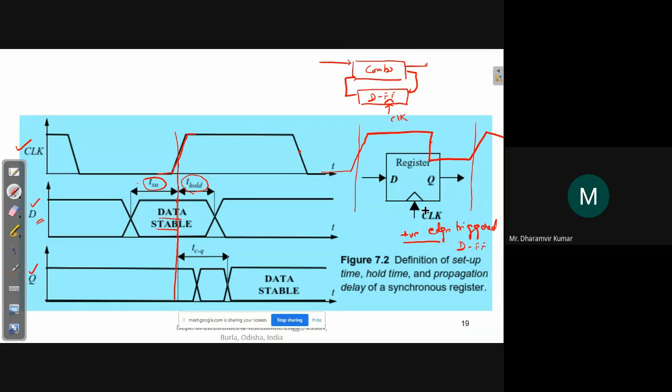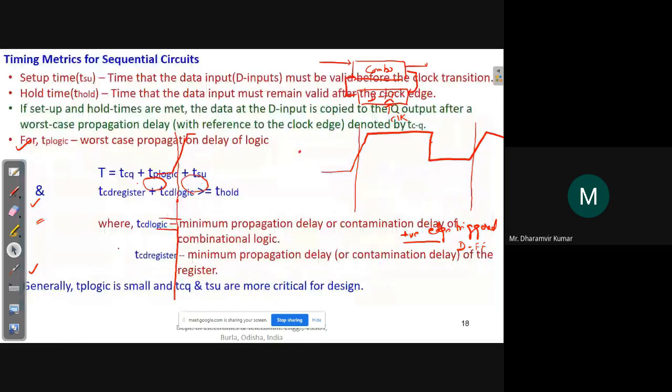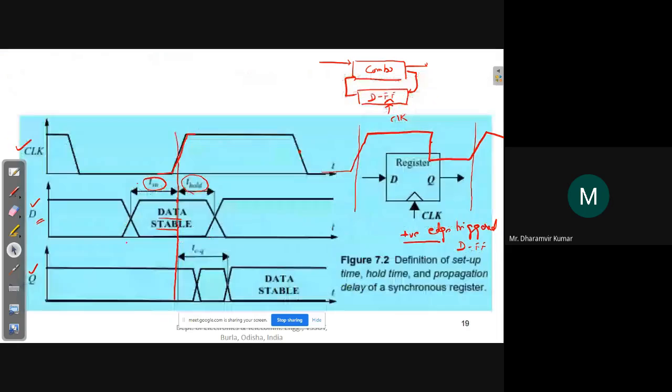For this Q, there was a definition for TCQ. Look here.